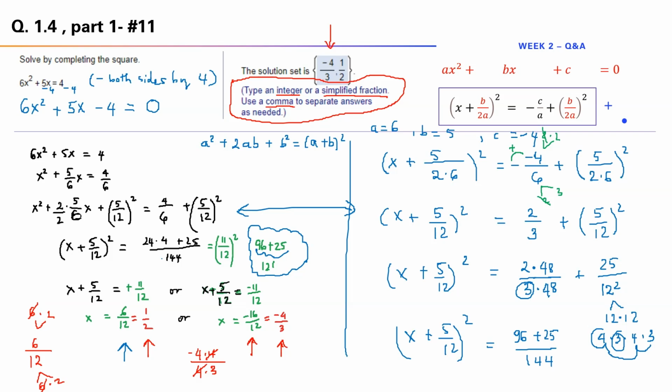So I can rewrite it as (x + 5/12)² = (11/12)². Now you can use this one to solve. It will be the same, right? So x + 5/12 = 11/12, or x + 5/12 = negative 11/12.